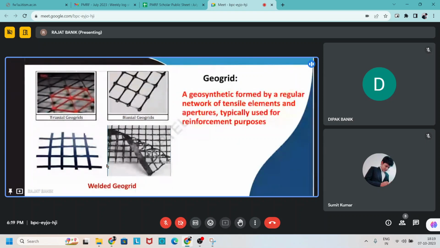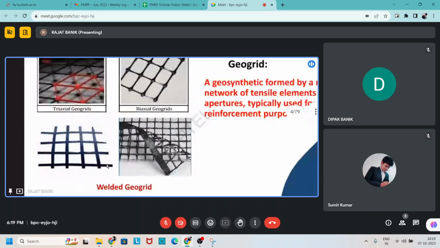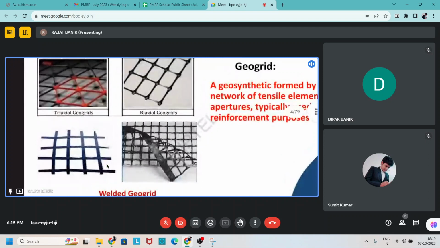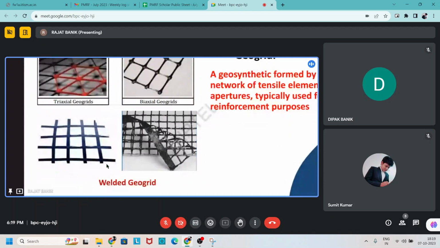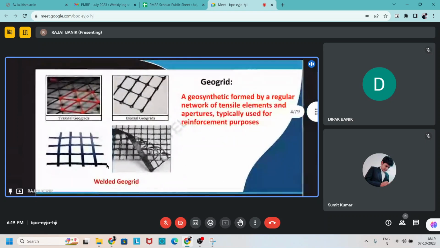Here some figures are given of different types of geogrid. The first one is the triaxial geogrid, then the biaxial geogrid, then the welded geogrid. So these are the different types of geogrid.